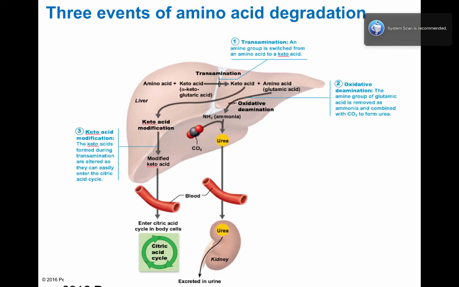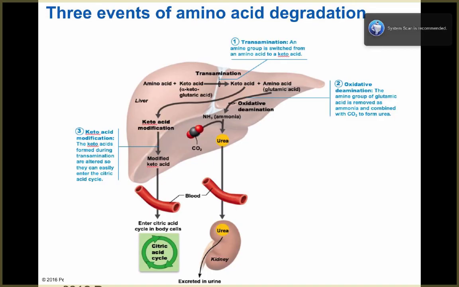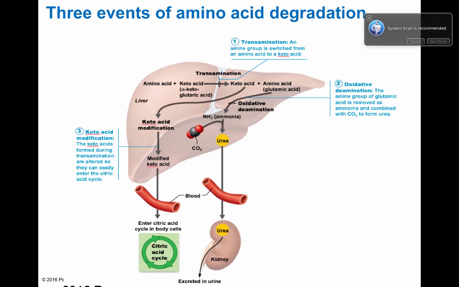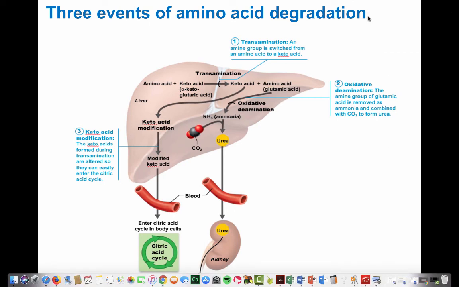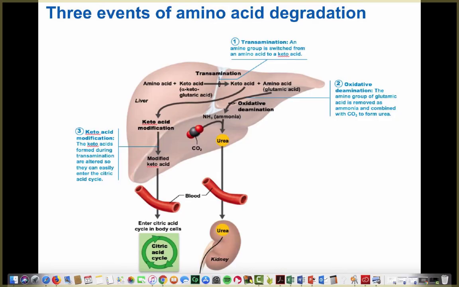So let's look at this really quick. There are three main events of amino acid degradation. Number one is transamination.